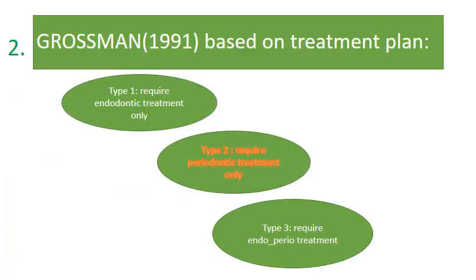Another classification, by Grossman, 1991, is based on treatment plan. Type 1 requires endodontic treatment only, type 2 requires periodontic treatment only, and type 3 requires endo-perio treatment.